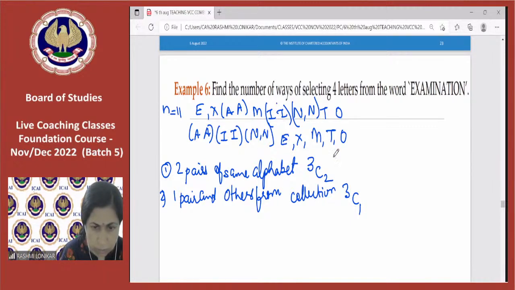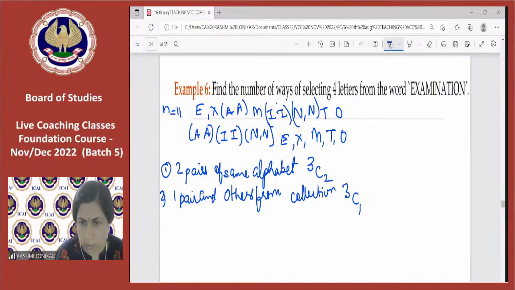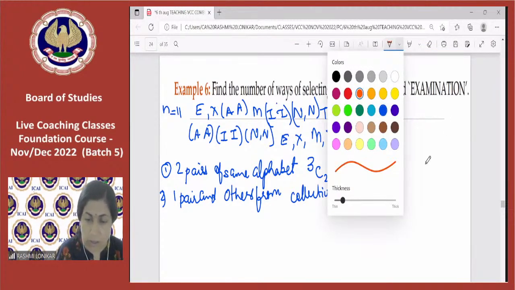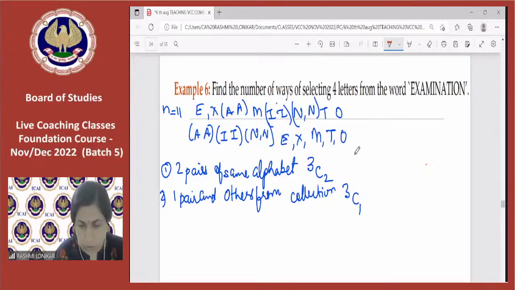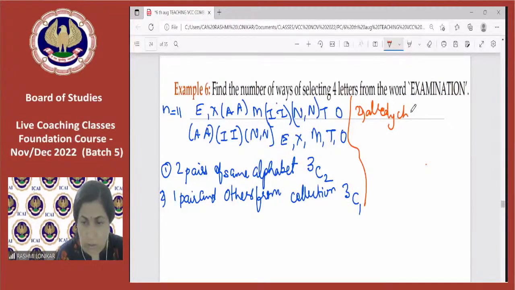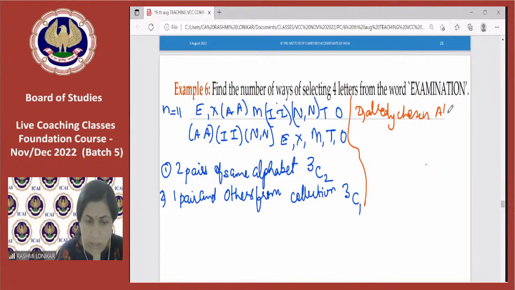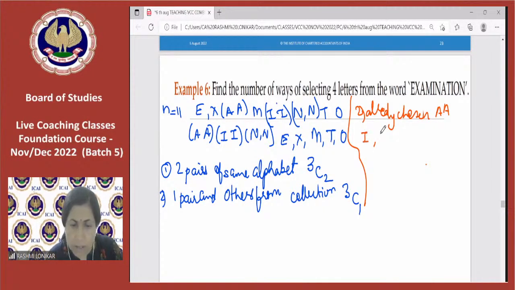So what will happen in this case? Suppose I have already chosen AA, this is just an example. Then I can take one of I, one of N, E, X, M, T, O. 1, 2, 3, 4, 5, 6, 7.